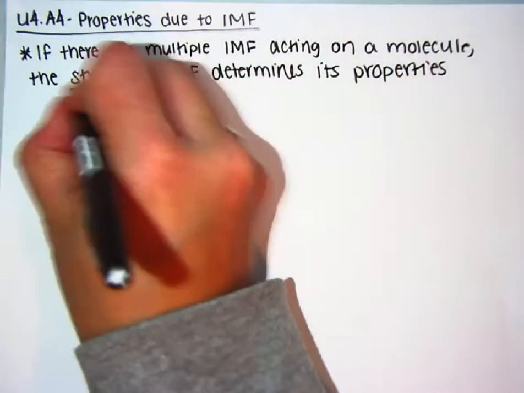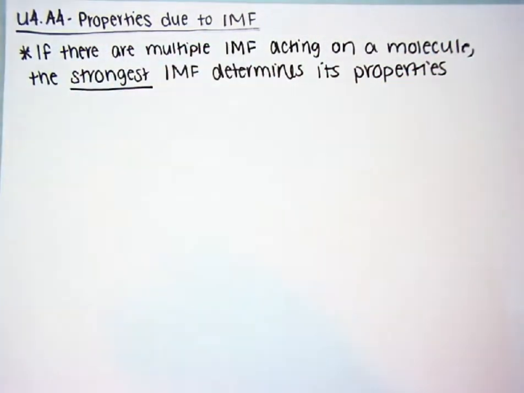So again, if we're looking at something like water, which has LDF, dipole-dipole, and hydrogen bonding, we would look at hydrogen bonding to determine properties.